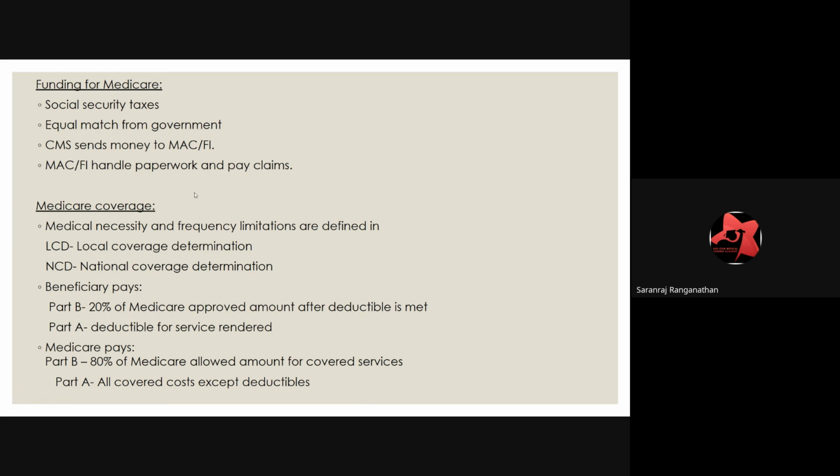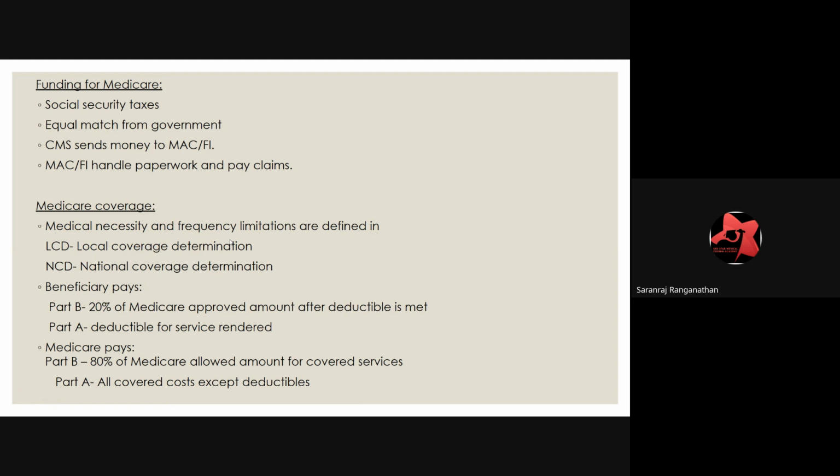Then Medicare coverage. Medical necessity and frequency limitations are defined in the local coverage determination and national coverage determination, which means LCD and NCD. Okay. So medical necessity and frequency means, for example, if for the patient they are doing one service and on the same day a related service has been performed, they have to give documentation on whether it is necessary or not.